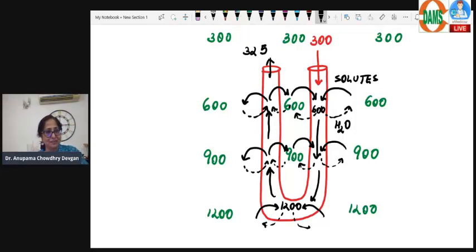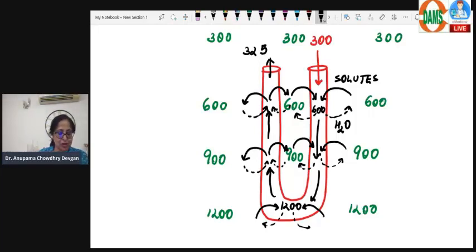Medulla needs oxygen. So vasa recta has ensured oxygen supply to the medulla, but at the same time, because of this U-shaped arrangement, vasa recta has ensured that the majority of the solutes remain within the medulla. This is the role of the vasa recta.